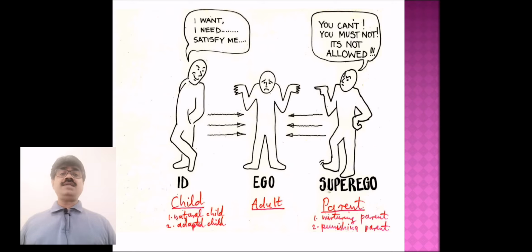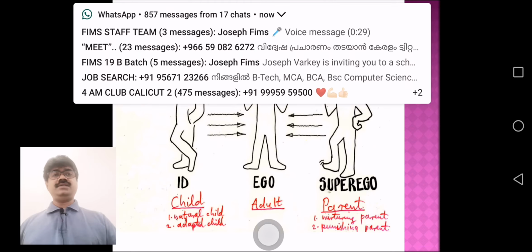That behavior comes from our parent ego according to Eric Berne. And he says there is an adult ego, the ego proposed by Sigmund Freud, renamed as adult ego, where one behaves neutrally as an adult.